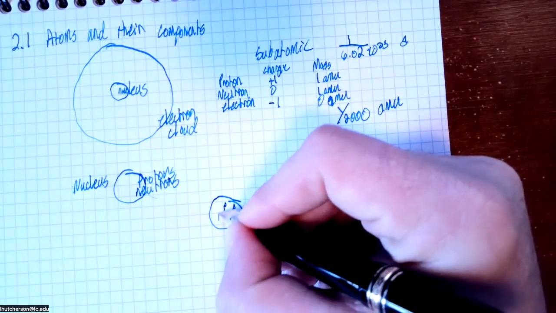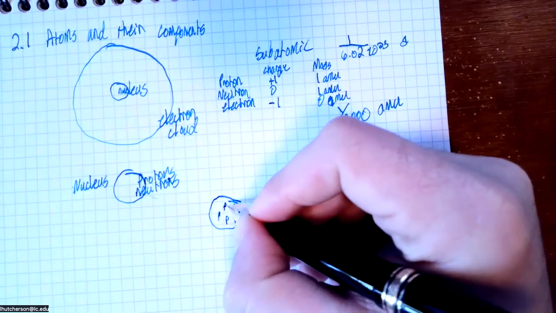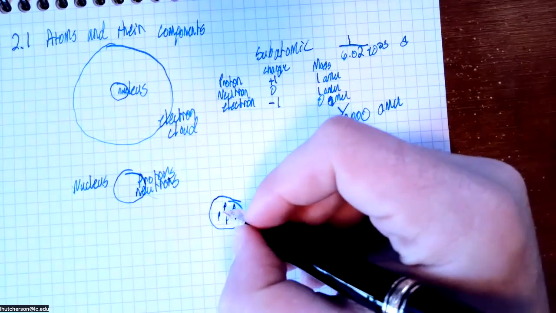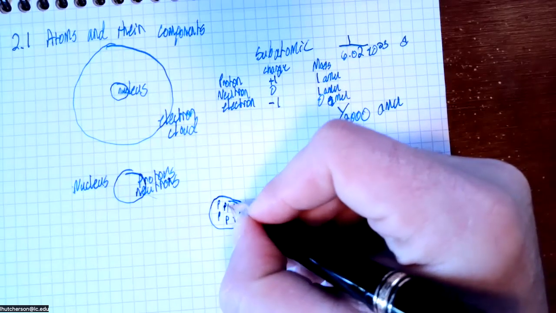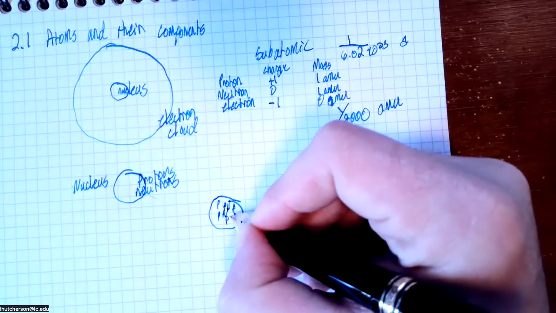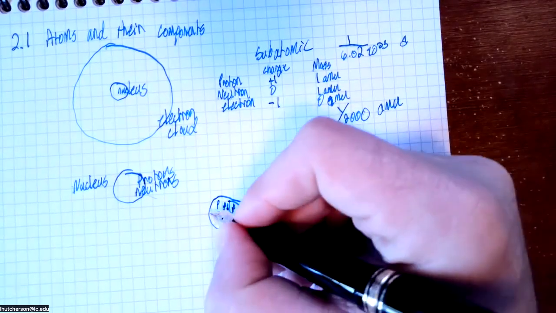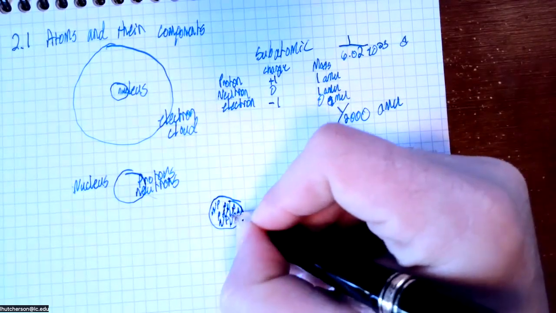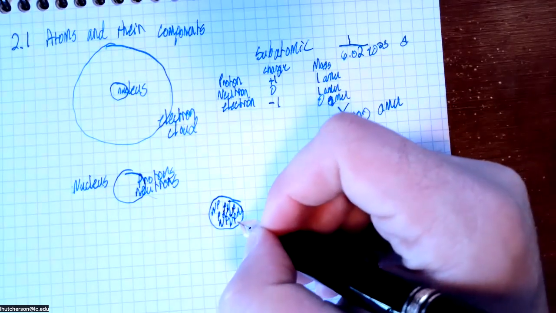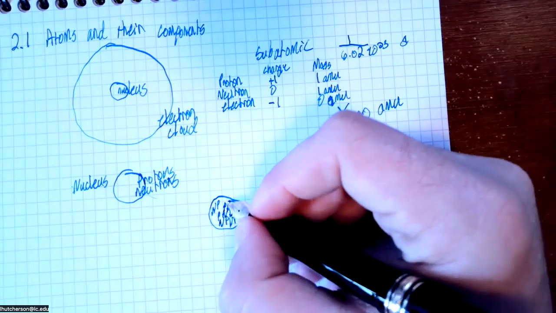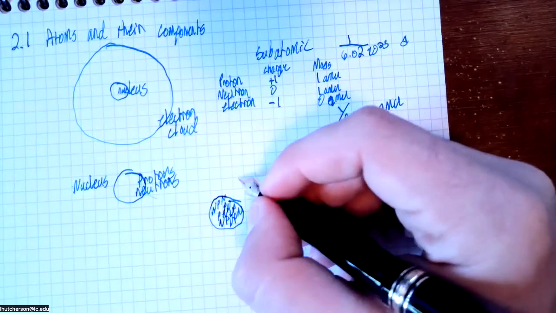I'm just going to illustrate them as a P. So 1, 2, 3, 4, 5, 6. There's our 6 protons and 6 neutrons. Now, in this particular atom I'm illustrating, our number of protons and our number of neutrons are equal. That is not necessarily the case, but it can be, and it is the case in this particular one.